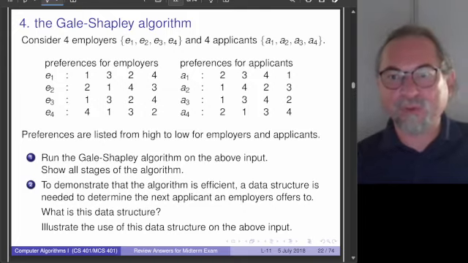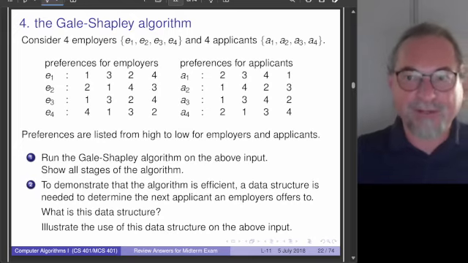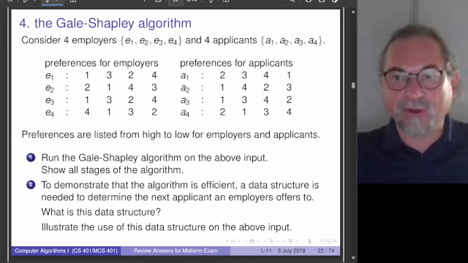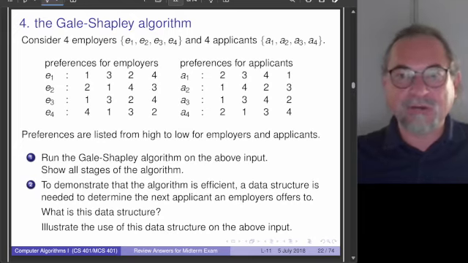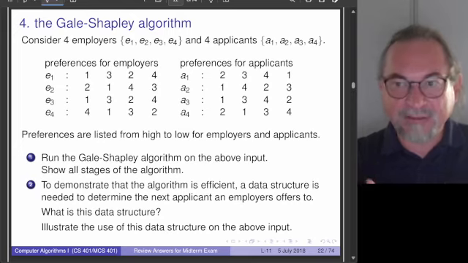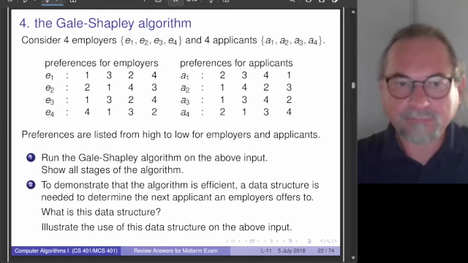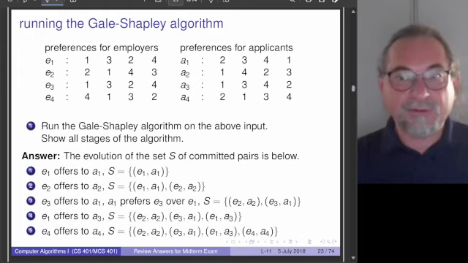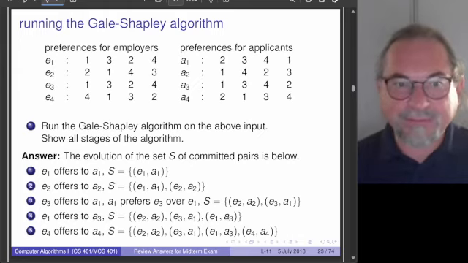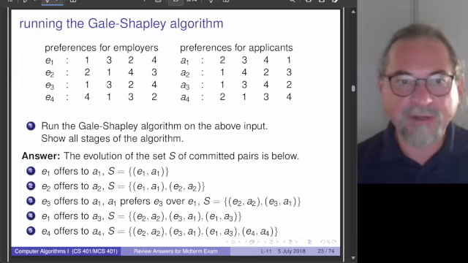So we have 4 employers, 4 applicants, and we will match every employer with an applicant. So we are listing the set of pairs step by step. So the answer is over in 5 steps. So the running time goes very quickly.